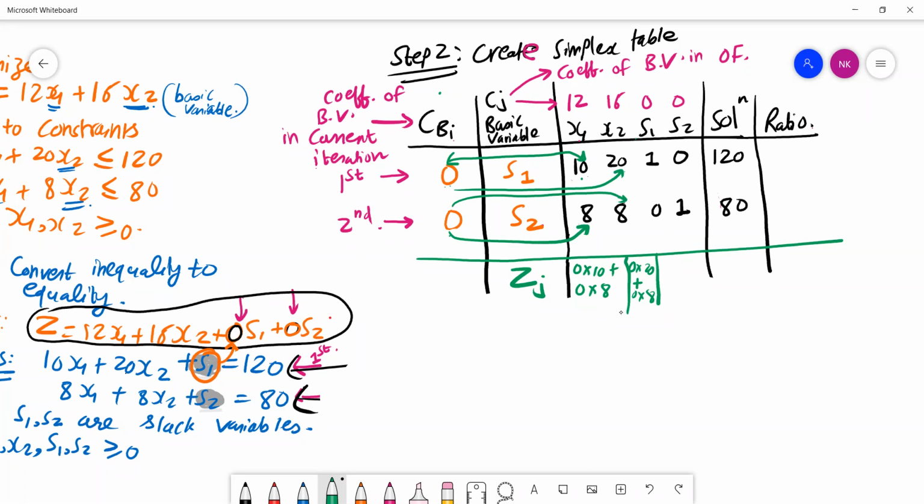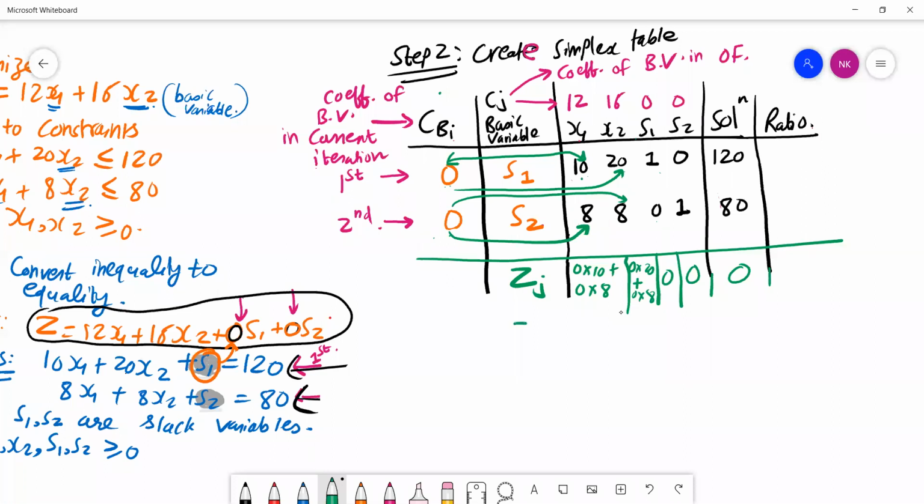I am simply multiplying these values and adding them. Same thing, 0 multiplied by 1 plus 0 multiplied by 0, so it's 0. 0 multiplied by 0 plus 0 multiplied by 1, it's 0. 0 multiplied by 120 plus 0 multiplied by 80, it's 0.